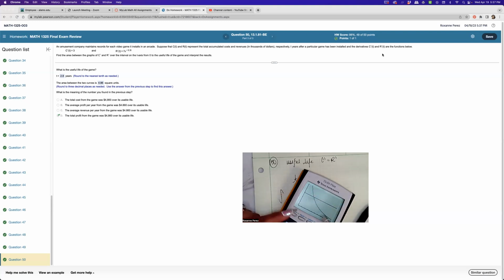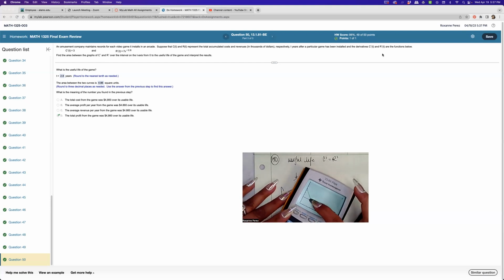Okay, so what we need to know is, let me make this a little bit bigger. What we want to know is which graph is above and which graph is below. So we can go trace.